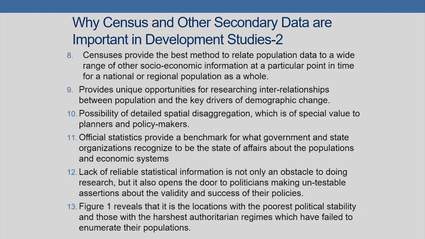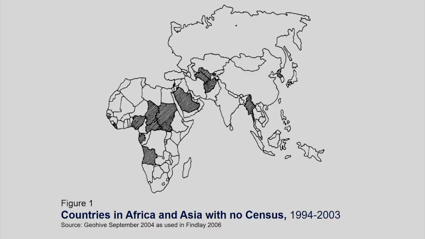This is what I meant when I said that bringing out official statistics is also a democratic exercise, because experience has shown us that countries with more authoritarian regimes have been less successful in churning out census data, and that leads to serious debilitating concerns with regard to policy planning and implementation.